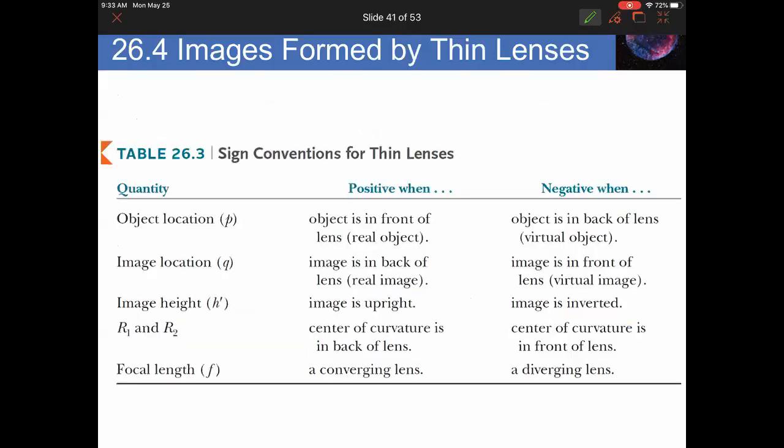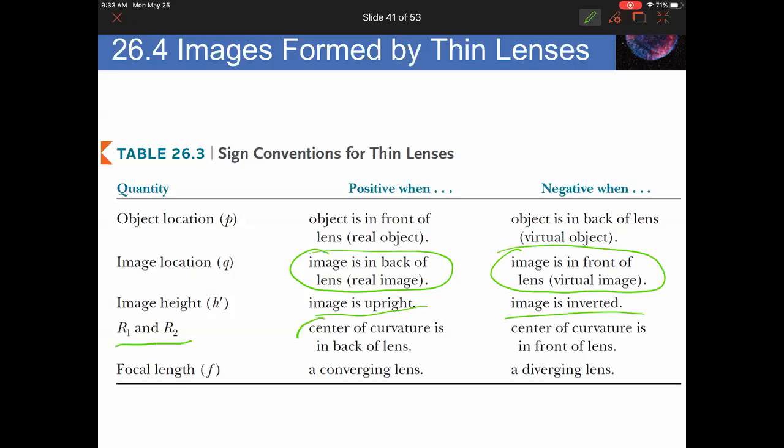Okay, so again, this table gives you all of those values: object location, image location. An image in the back of the lens is always going to be real and positive. An image in front of the lens is always going to be negative, and it's virtual. An upright image is positive, an inverted image is negative, just like for mirrors. Here you have R1 and R2.